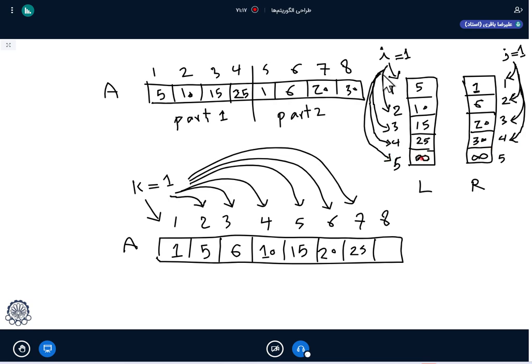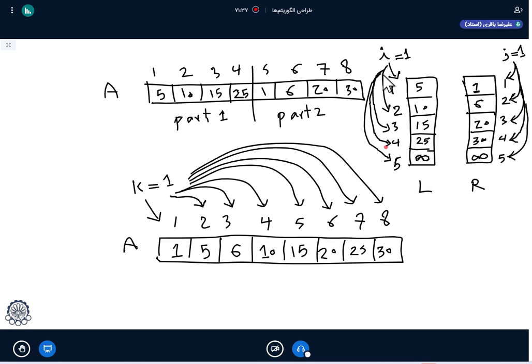Now we compare infinity and 30. 30 is minimum, so 30 is copied, index k is increased, and index j is also increased.